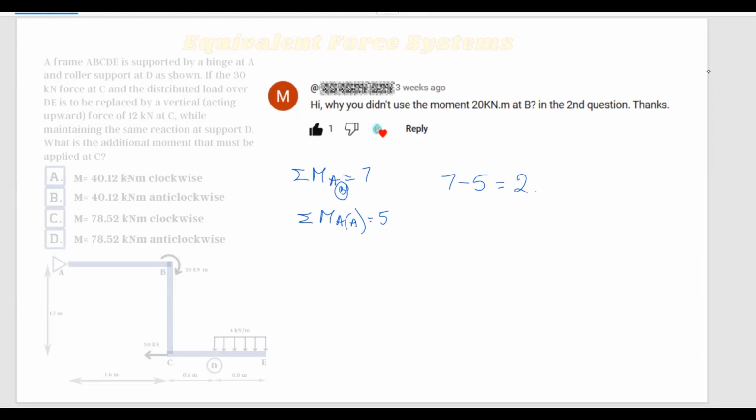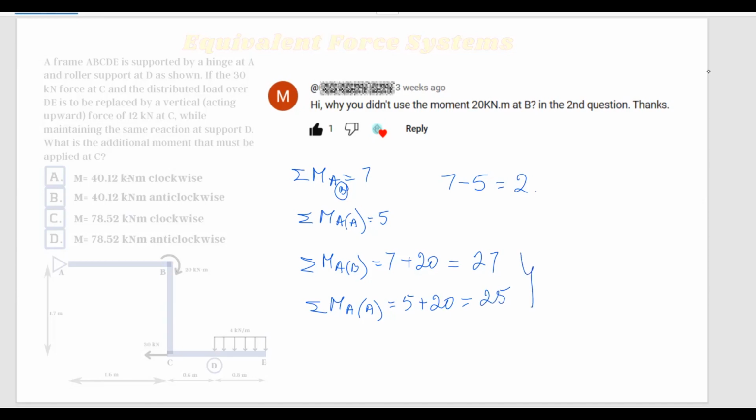Now I can add the moment at B. The moment at A before we make the changes equals 7 plus 20, so I get 27. And the moment at point A after we make the changes equals 5 plus 20, which is 25.